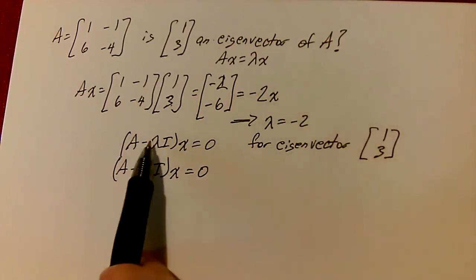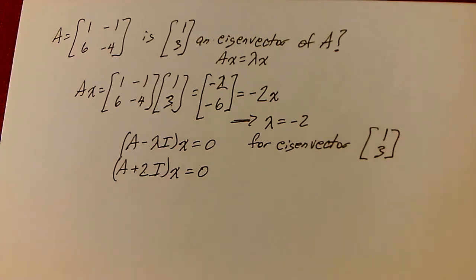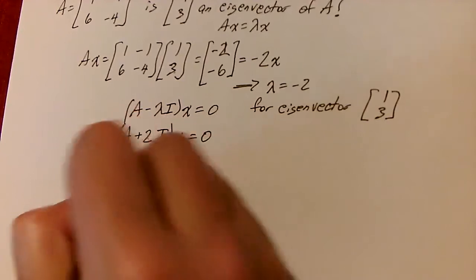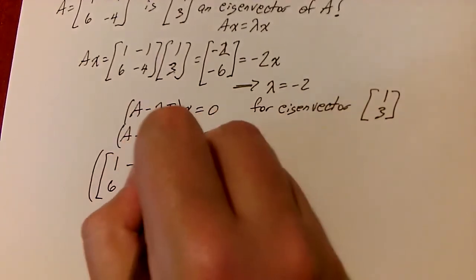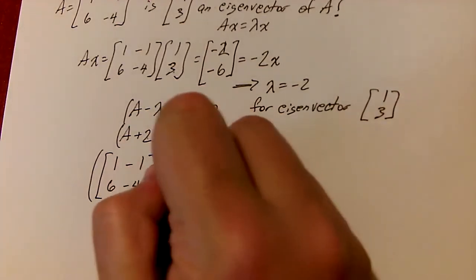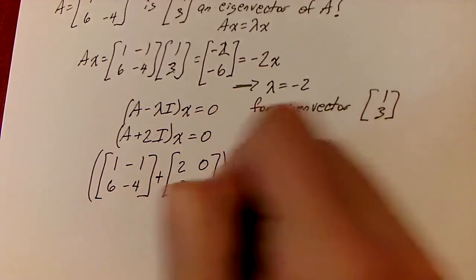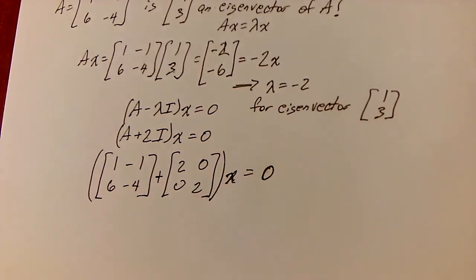Minus 2, and then it's minus here inside the equation, so minus and minus is going to make this plus. A is [1, -1; 6, -4]. I'm going to add 2 times the identity. Remember, the identity just has 1s on the diagonal, but I'm multiplying those 1s by 2. And then it's times the vector x, equal to the 0 vector.